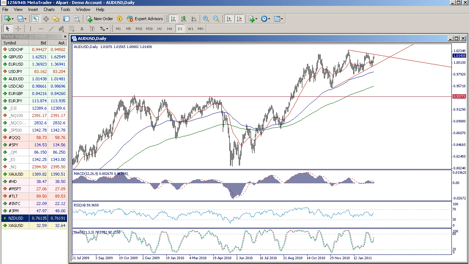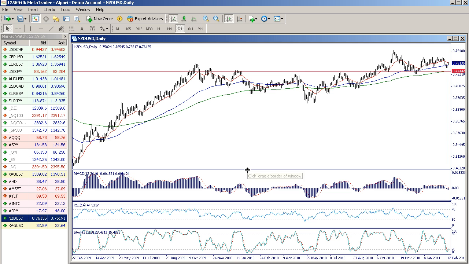And finally, going to the New Zealand chart, New Zealand dollar against the US dollar. Here, the chart is also bullish because the prices are above the rising 100-day and 200-day moving averages, but notice the pattern is not so strong.